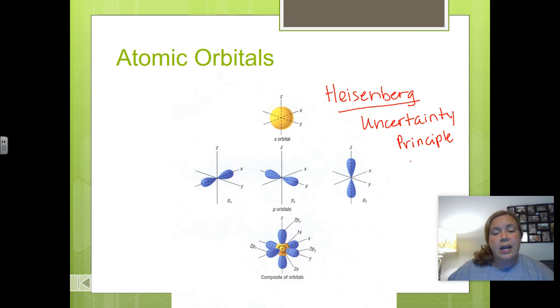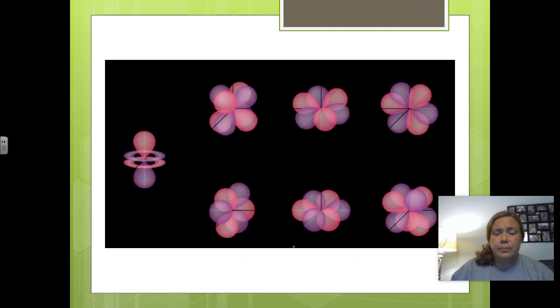We can calculate the momentum, and we can calculate the position, but we can't calculate them together simultaneously. But Heisenberg also acknowledged, along with Schrodinger and de Broglie, that these electrons are in these spaces and are not necessarily going in a particular orbital pattern.